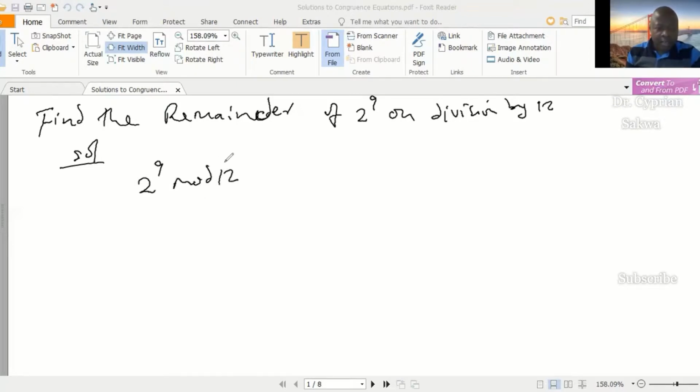And I notice that 12 is not prime. So that means Fermat's little theorem cannot be used. I also notice that the GCD of 2 and 12 is not 1. And therefore, Euler's theorem cannot be used. But we must do this question. There are other ways of doing it, but the way I'll do it, I'll just do it by creating a square table.